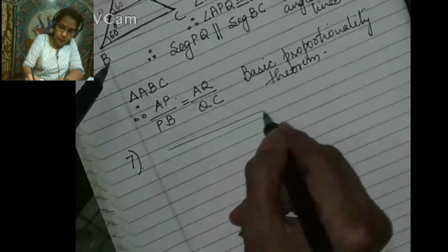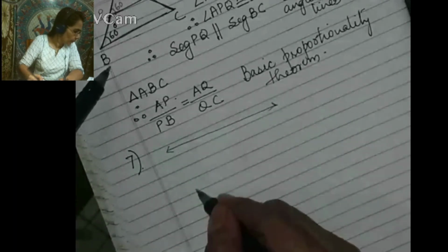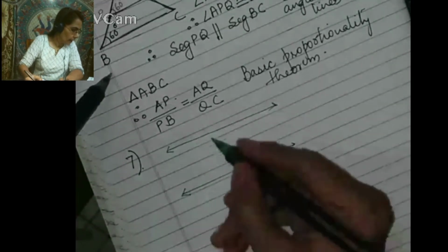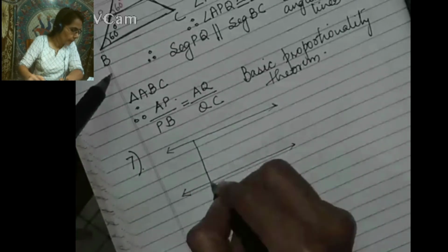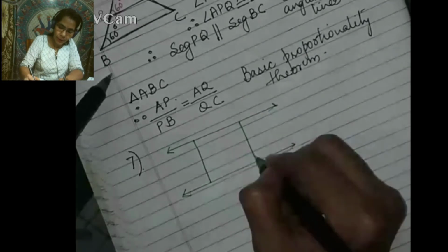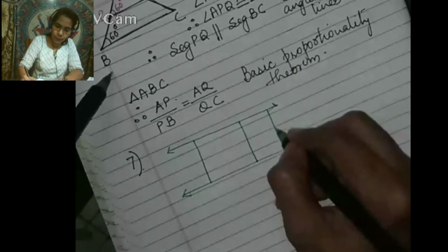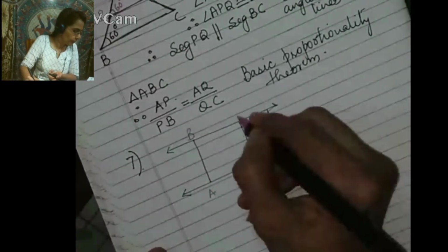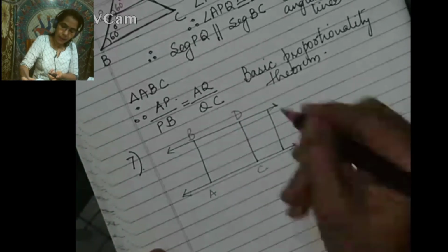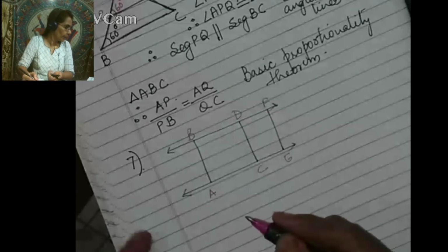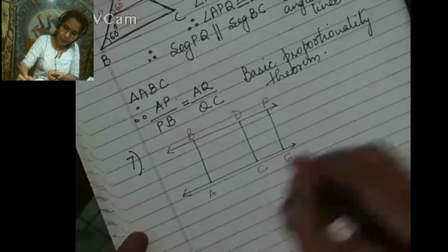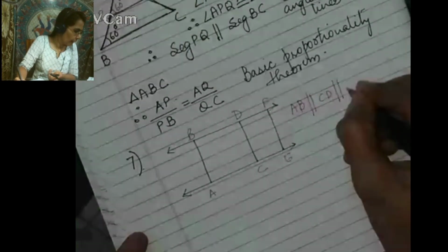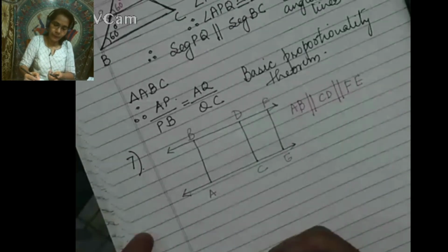There are two transversals, or we can say two lines, in that they have shown AB parallel to CD parallel to FE.